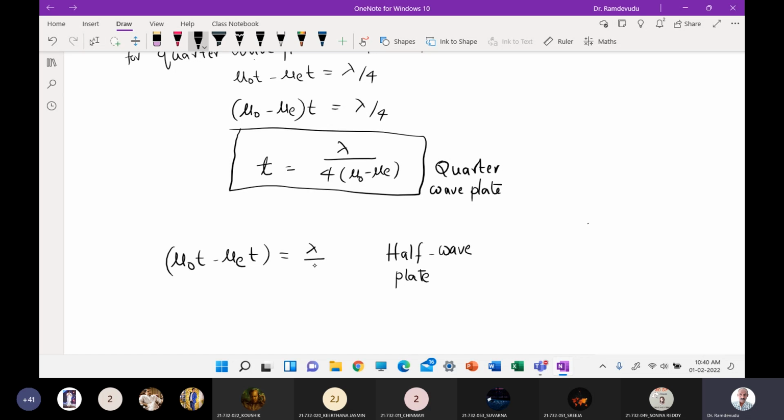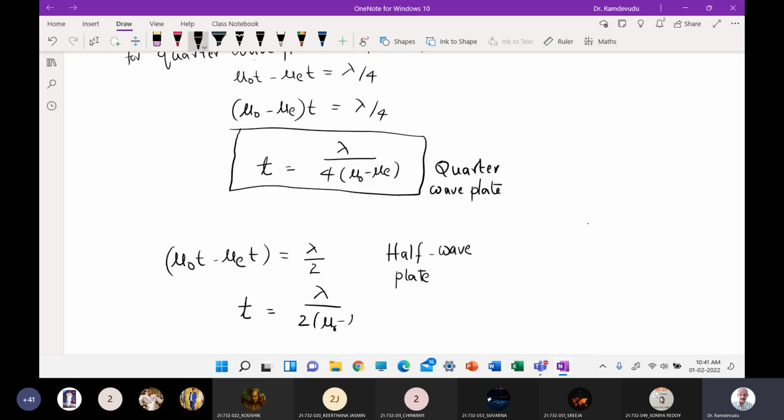Lambda by 2. Then can you tell me what is the value of T? Lambda by 2 into (mu naught minus mu E).